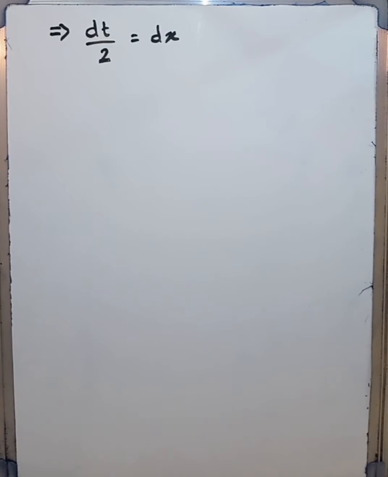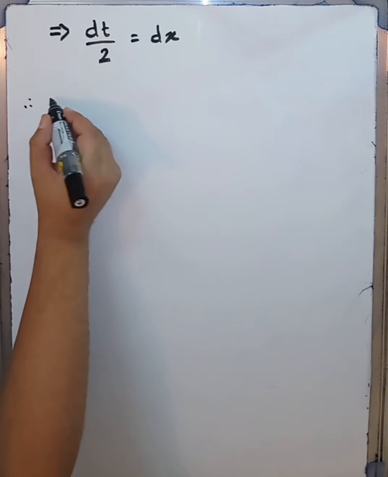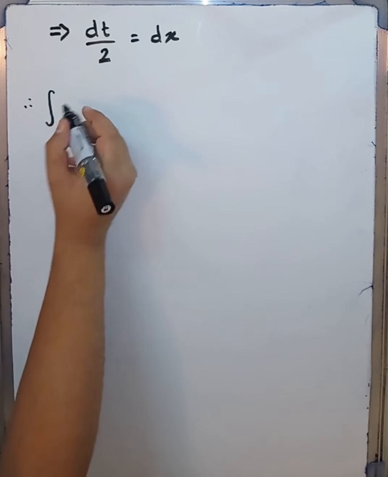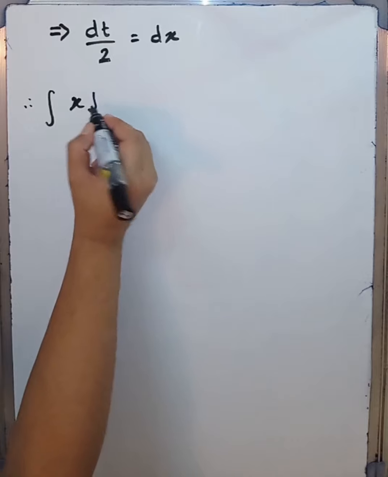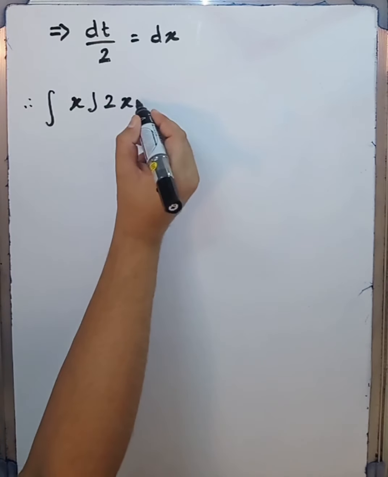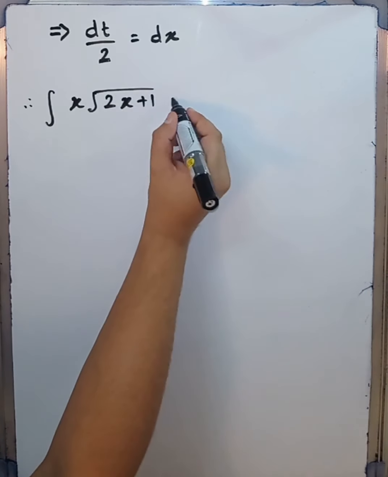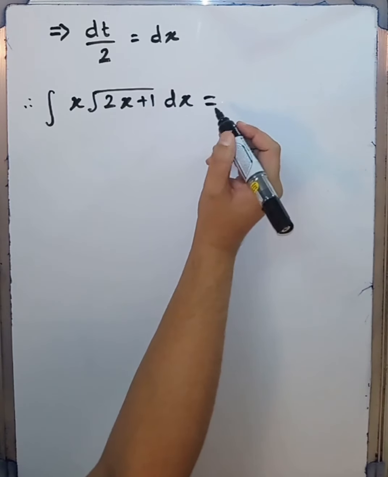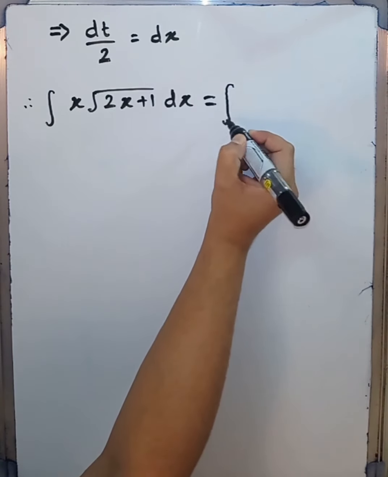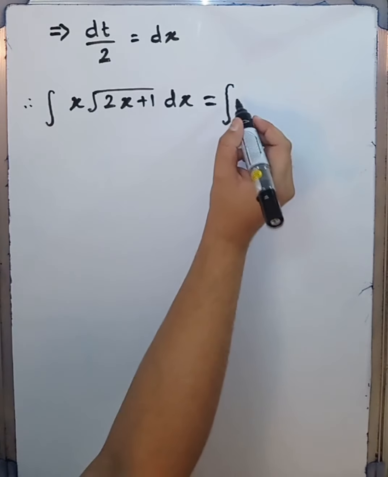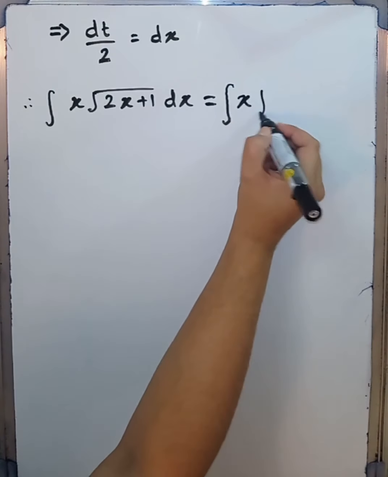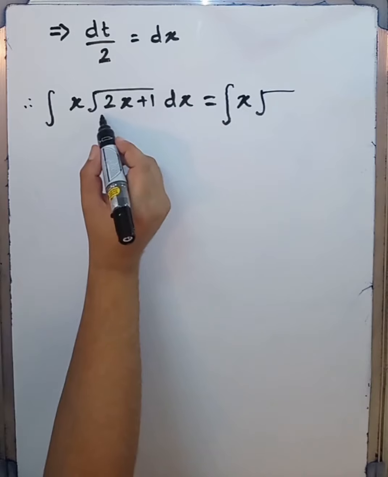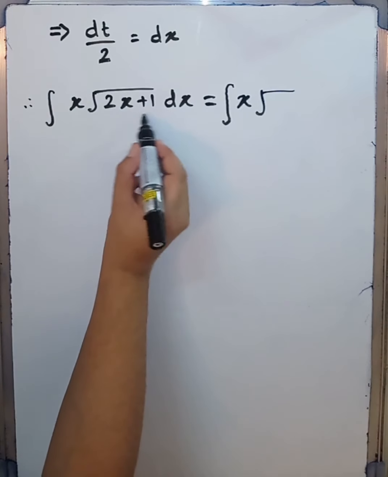So now if we see the original integral, that is integral of x square root 2x plus 1 dx, this can be written as integral x square root of 2x plus 1.